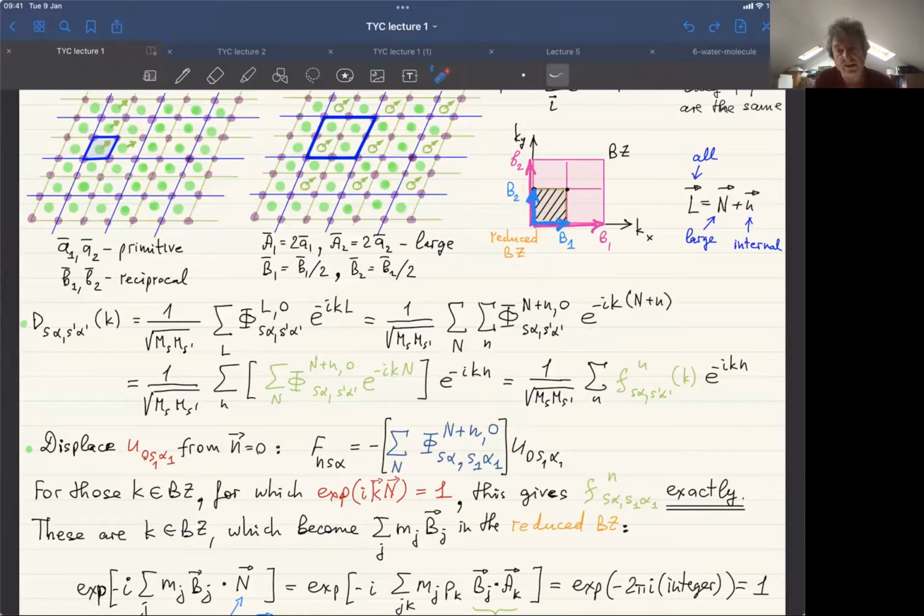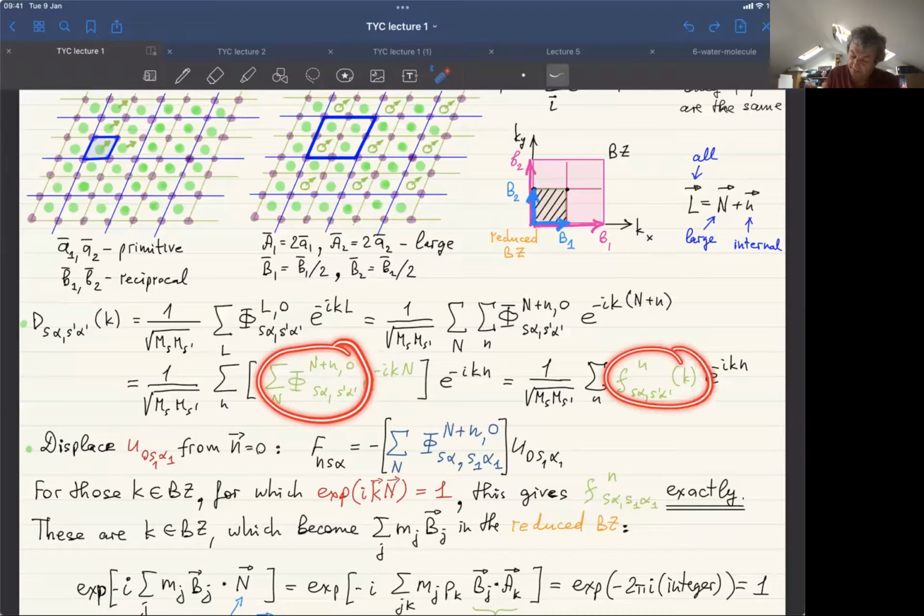And these are all legitimate k points of the original Brillouin zone. So for these k points, and only for those k points, that exponential prefactor is equal to 1. And that expression here, little f, is just the sum of the force constant matrix over the whole extended lattice.